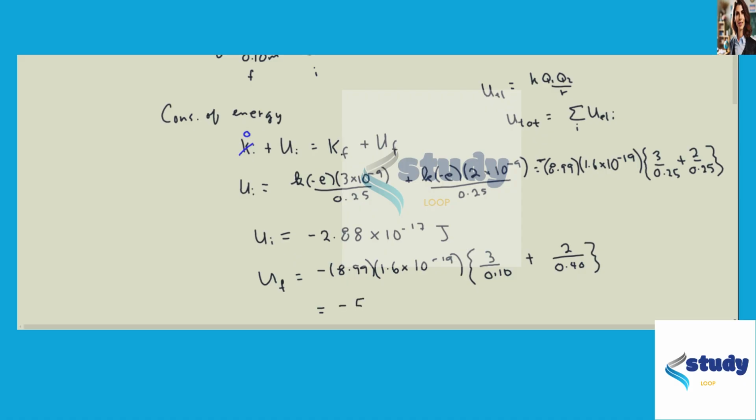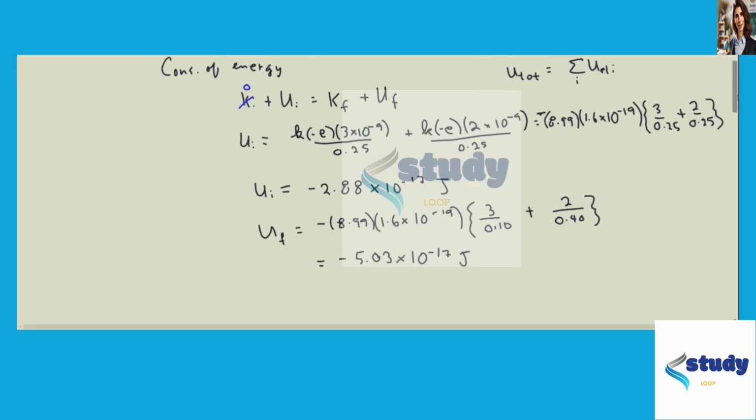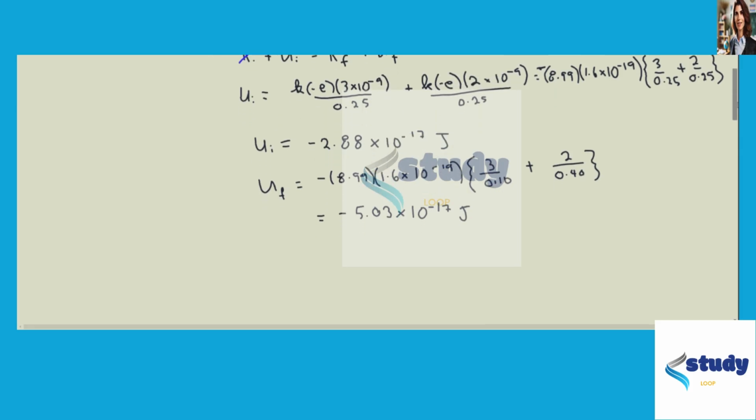And yes, we do get a lower potential energy to end with, which means that some of the energy got converted to kinetic. So let's put this together and then we can solve for the unknown velocity of the electron.